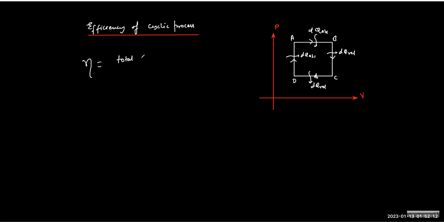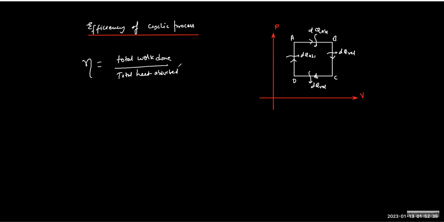total work done upon total heat absorbed. Which means whenever they give you a cyclic process, what you need to do is find the dQ for each process separately and check the sign. You may get some dQ positive, some dQ negative.